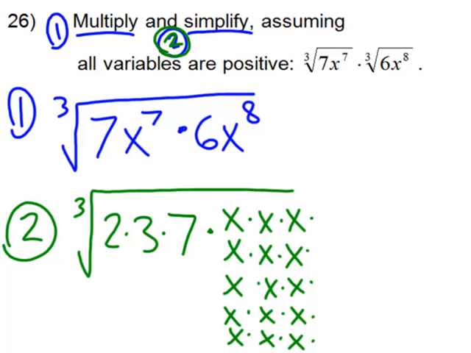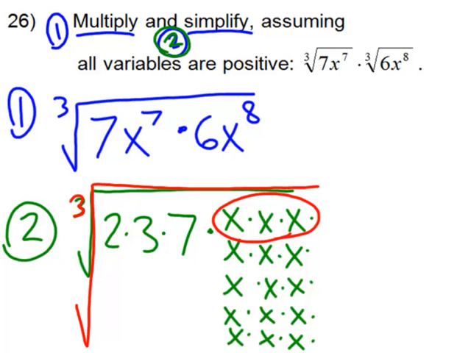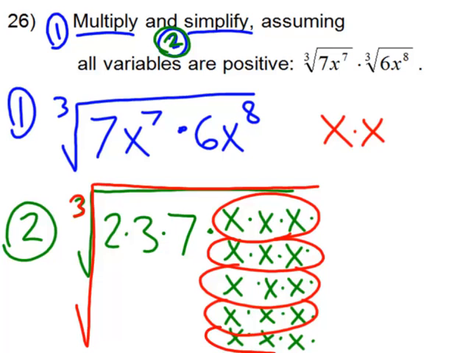So, since we are taking the cube root, since this is all underneath one big radical, I need groups of 3. This group of 3 x's will break out of the radical and become just a single x. Same with this group of 3 x's. And same with this group, and this group, and this group. It'll give me 3 more x's.